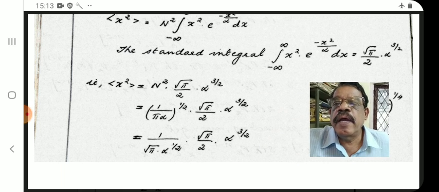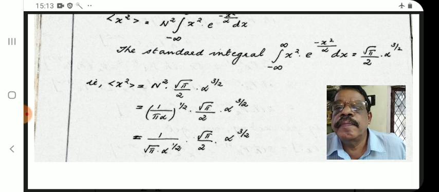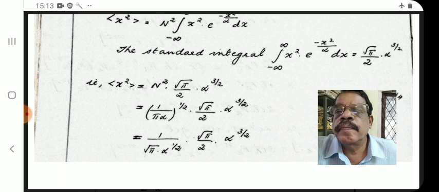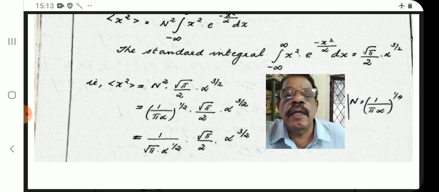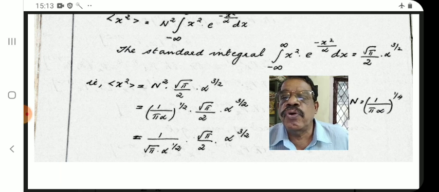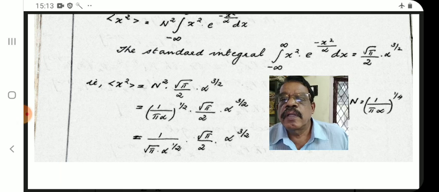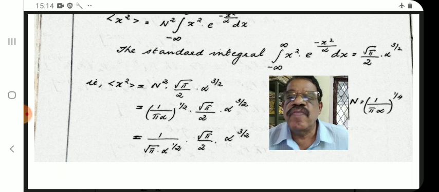So N square is 1 by pi alpha raised to 1 by 2, that is 1 by root pi alpha raised to 1 by 2, into root pi by 2 alpha raised to 3 by 2.